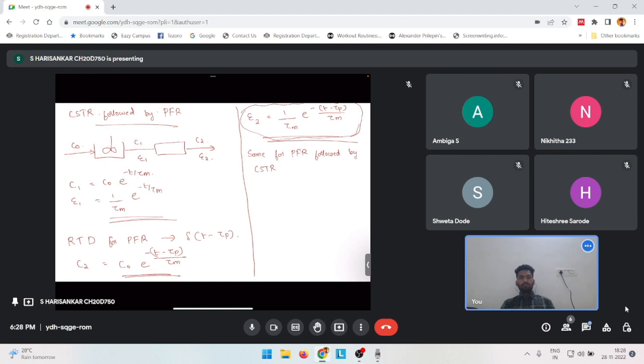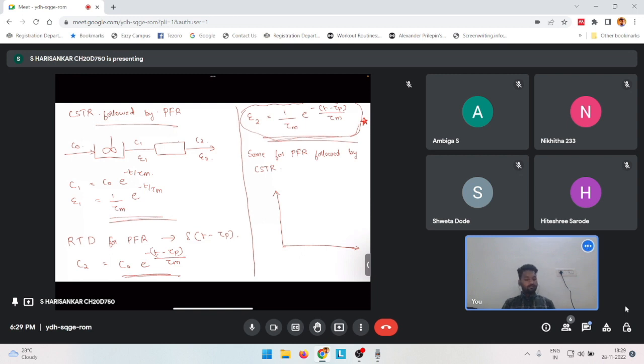Okay. Now let us try to draw the E curve for this system. I think we briefly saw how the E curve will turn out for a PFR followed by CSTR case, but let us see how we arrived at that residence time distribution. So we have this equation, E2 or the residence time distribution for a CSTR followed by PFR case, as E equal to 1 by tau m e raised to minus T minus tau P by tau m.